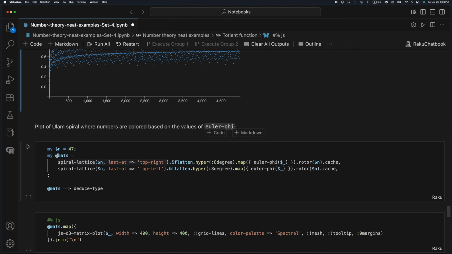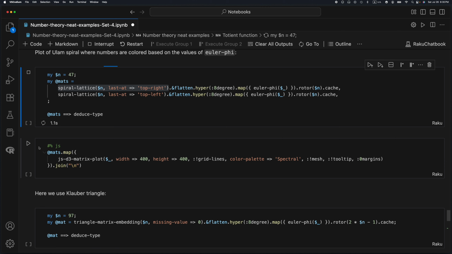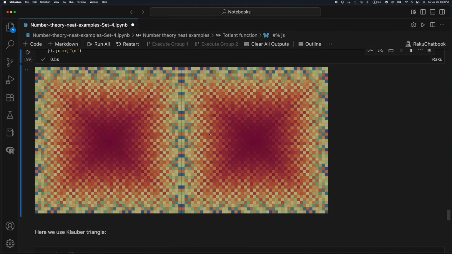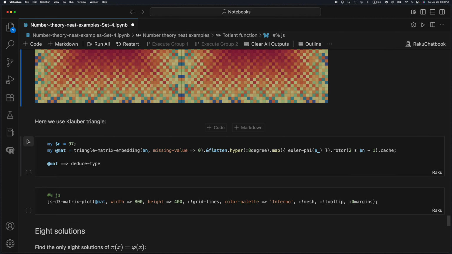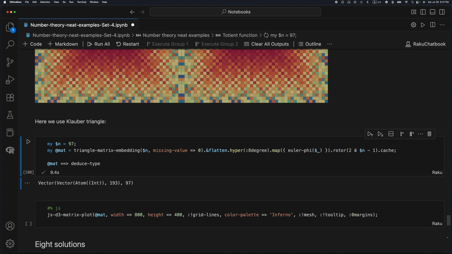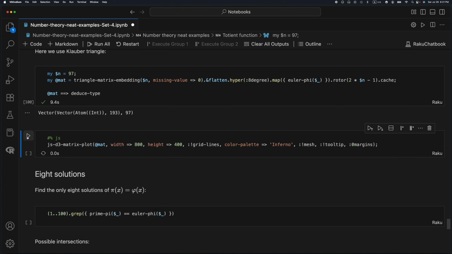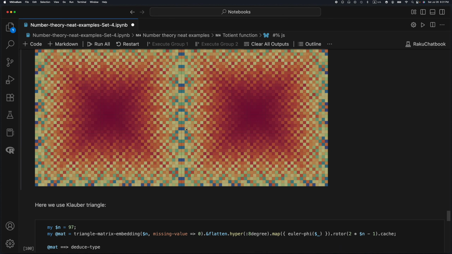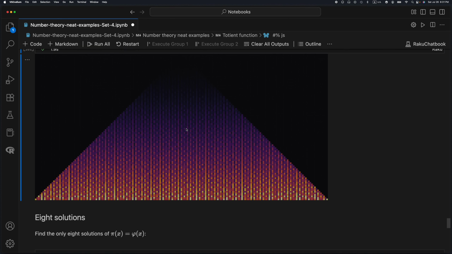Again with the Ulam spiral, we produce a symmetric pattern, which is probably compelling. Similarly, we can use the Klauber triangle to visualize Euler phi with some transformation. So again, the Ulam spiral and the Klauber triangle are used to display primes.